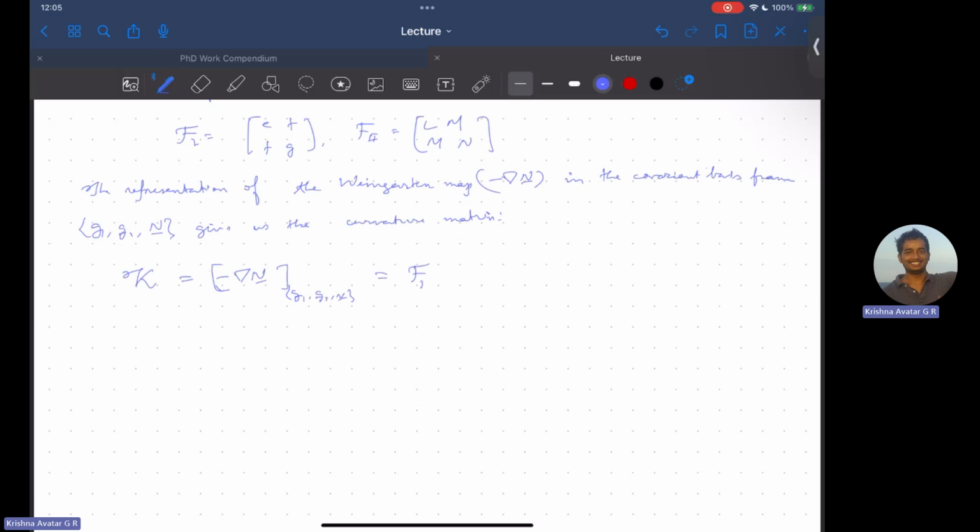is going to be equal to F1 inverse F2. Now the goal is to determine the kappa matrix, which is a 2 by 2 matrix, as is evident from the form.